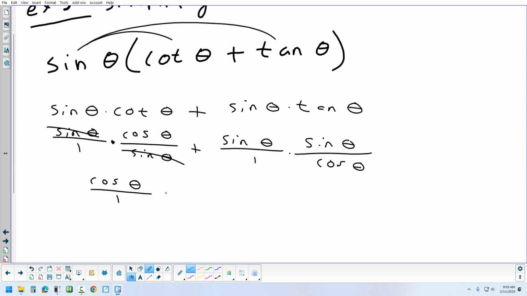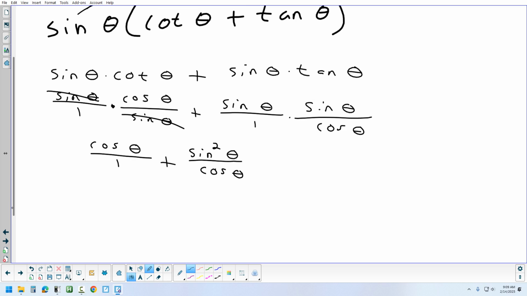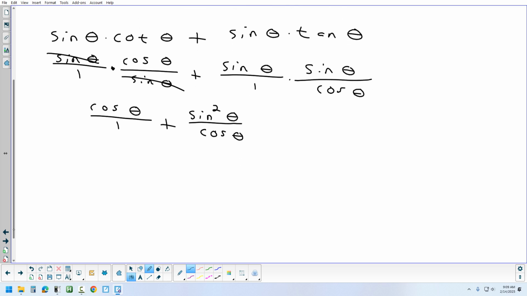So now we've got cosine over 1 plus, what's going to be my other fraction on the right? Yep. Sine squared of theta over cosine of theta. Okay, so now we've written everything in terms of sines and cosines, but there's still a little bit more we could do. So what's the other trick that I just mentioned, but we haven't tried it yet?